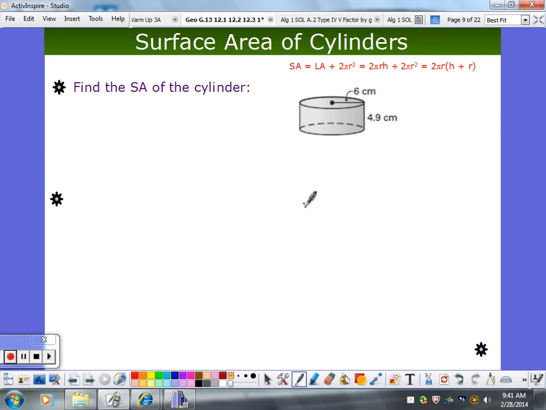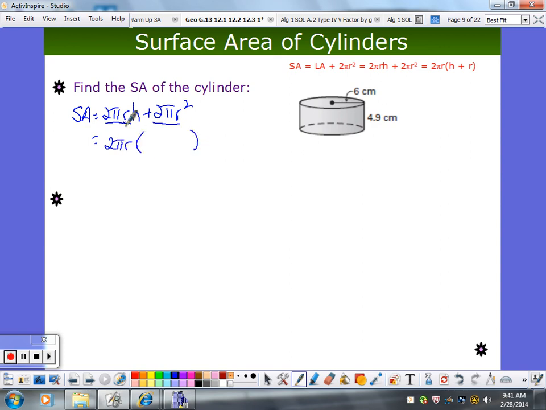Oh, okay, well, this is a different one. All right, well, let's do this one. So, not so hard. What's the formula? SA equals 2 pi r h plus 2 pi r squared. Now, you can work with this, or you can notice, wait a second, I've got some common factors here. 2 pi r.